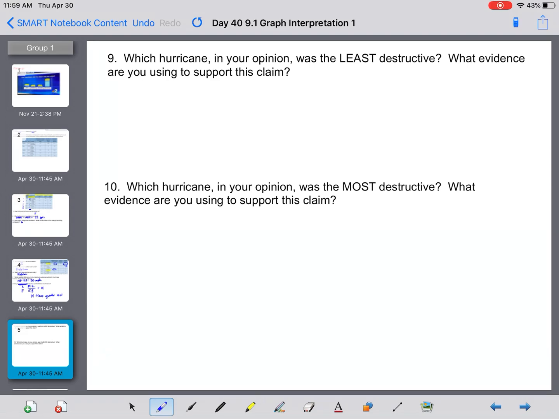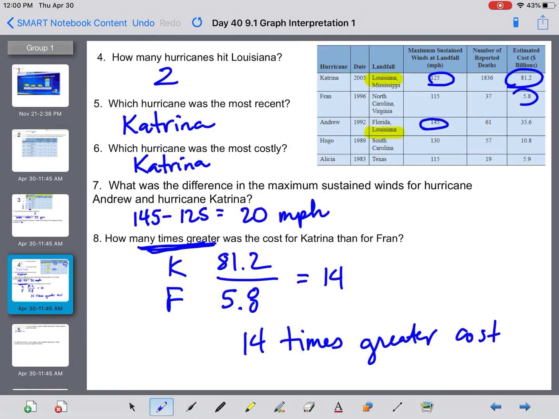As far as the least destructive one goes, I would probably take a peek at Alicia. This would be my opinion. And Alicia I would say would be the least destructive, because if I go back and look at some of the data in the table here, the things that I'm looking at are definitely going to be the deaths, because I think that's something that should really be considered, as well as the cost.